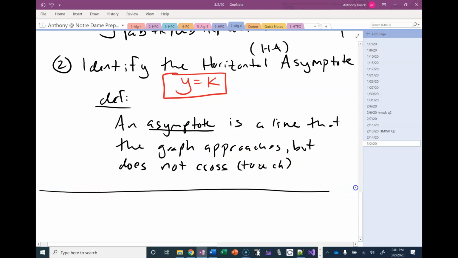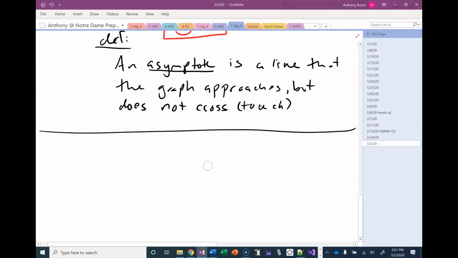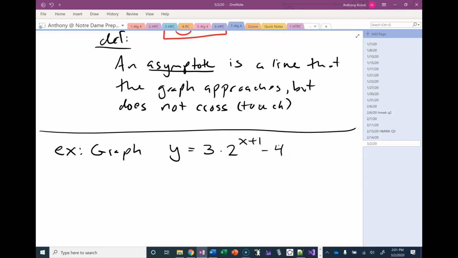All right. So let's look at an example here. Let's say I want to graph 3 times 2 to the x plus 1 minus 4.